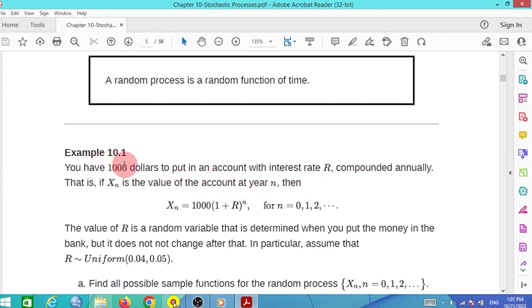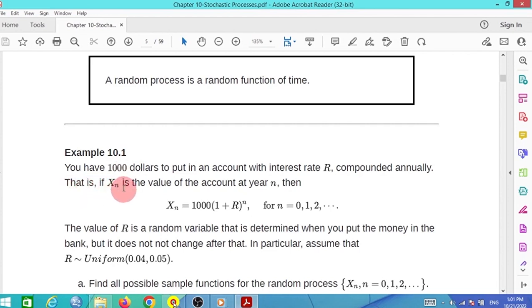If we give the bank $1,000, after 1 year, how much does it give back to me?